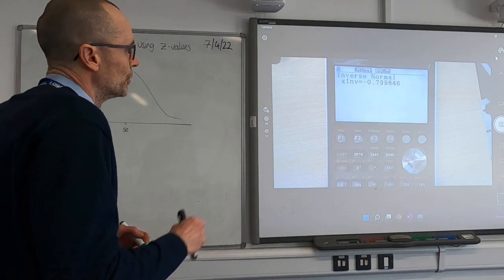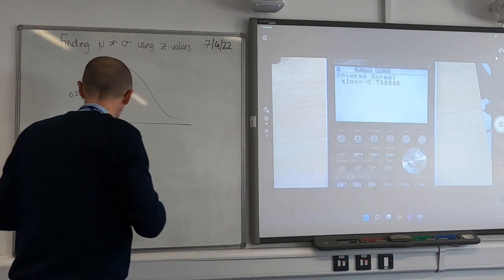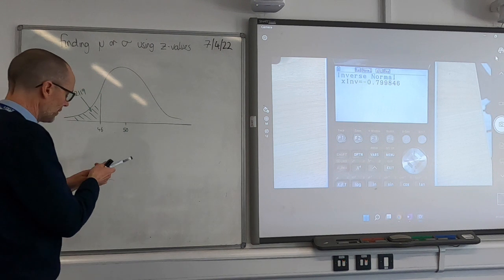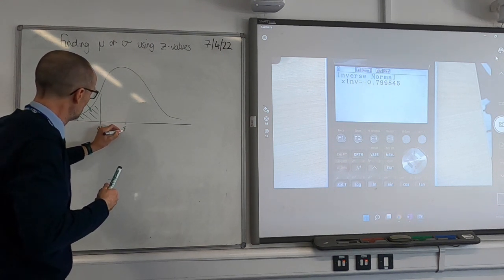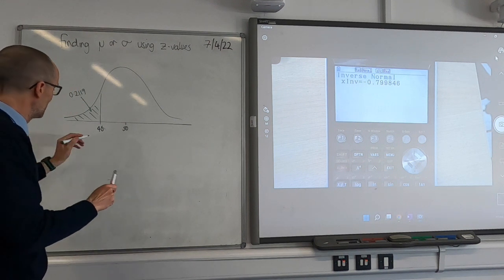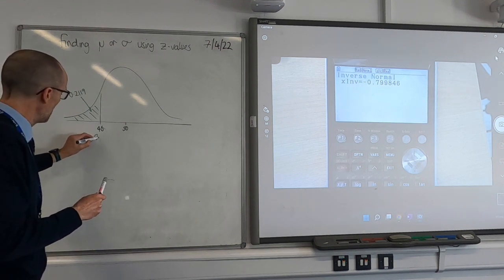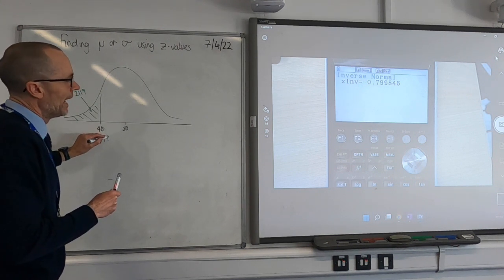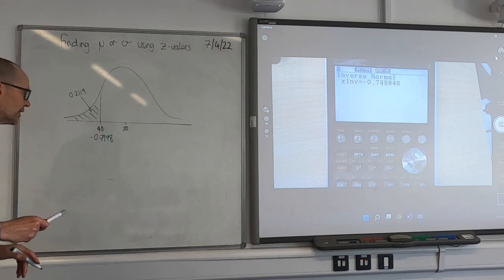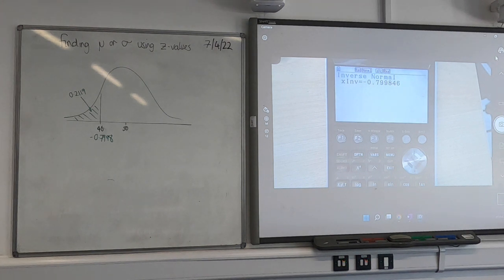So I'm going to round that to 4 decimal places. What I'm now saying is that 40 is 0.778 standard deviations below the mean.